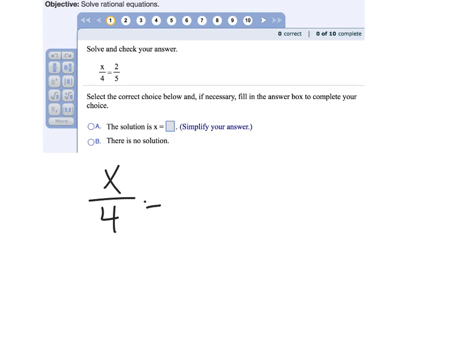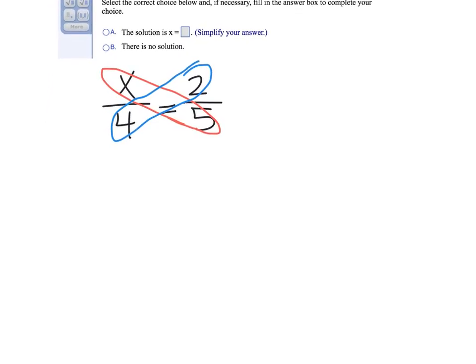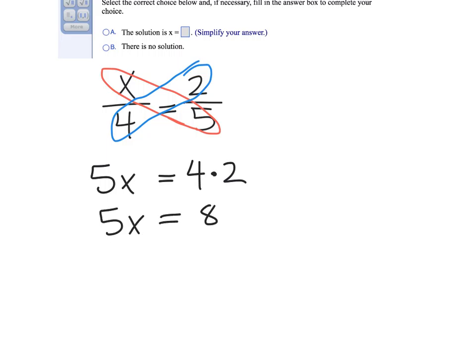What we know about proportions is that when you multiply these two numbers, you are going to get the exact same value as multiplying these two numbers. So that's saying 5x is equal to 4 times 2, and so really that means 5x is equal to 8.